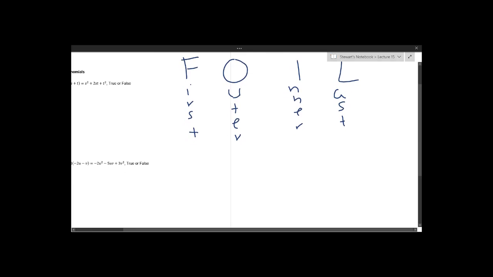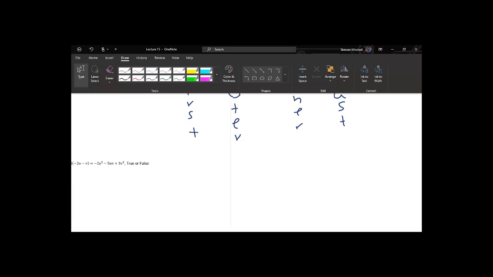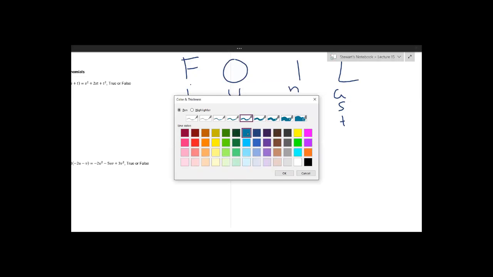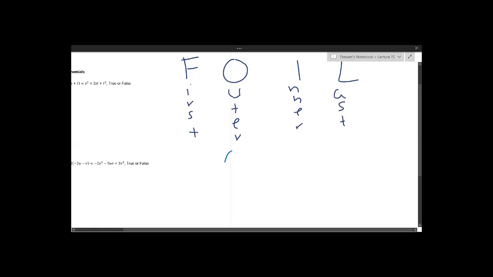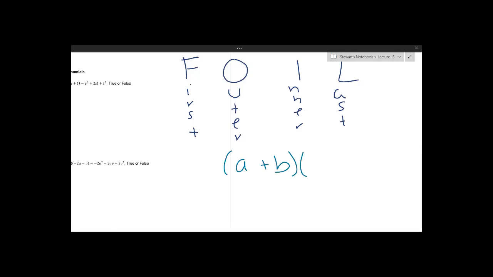Okay, so if we think about first, outer, inner, last, or the FOIL method for multiplying binomials, say you have a plus b and a plus c.